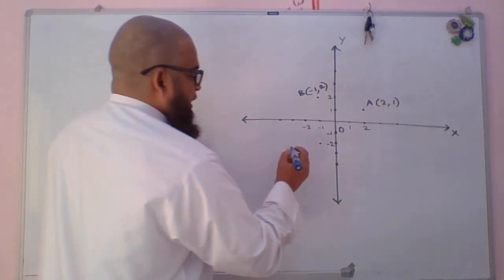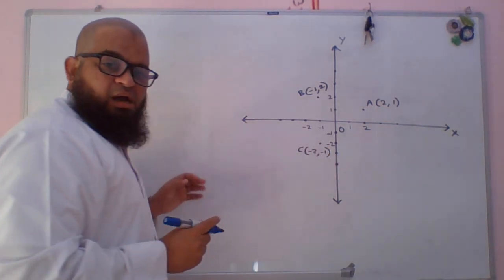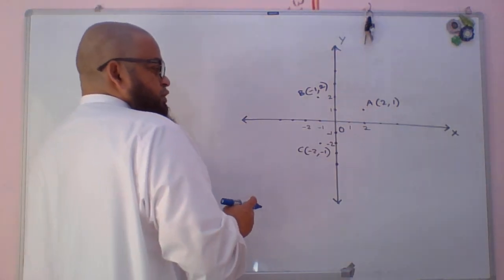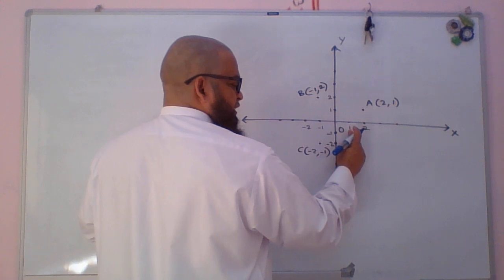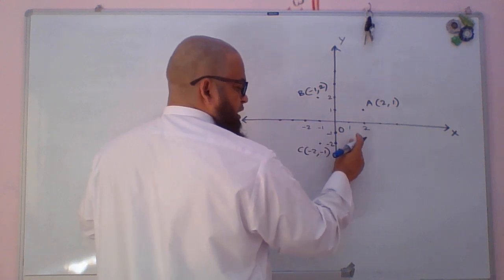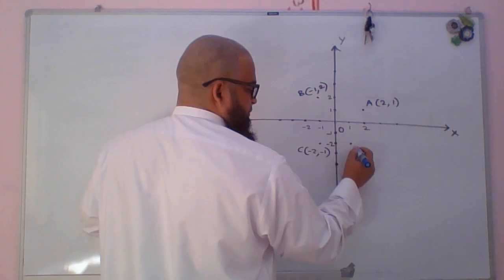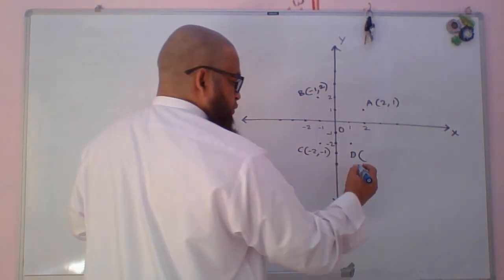So it is C, -2 comma -1, and what is given for D? D is 1 comma -2. So for D, the x coordinate is 1 and the y coordinate is -2. This is D, 1 comma -2.